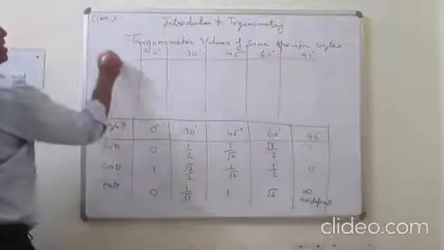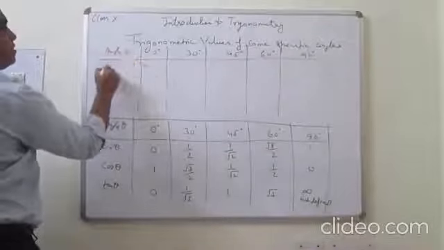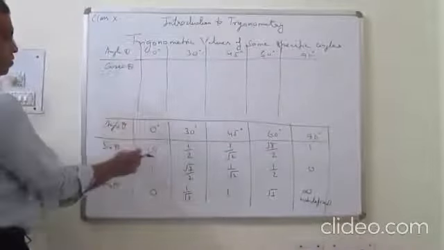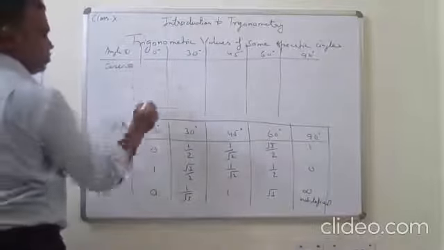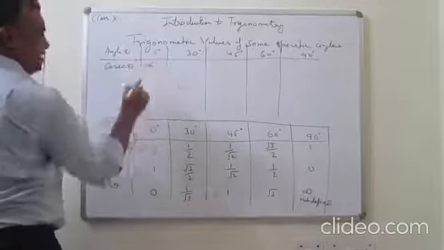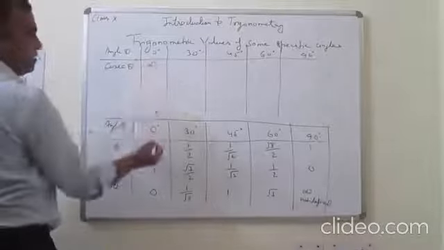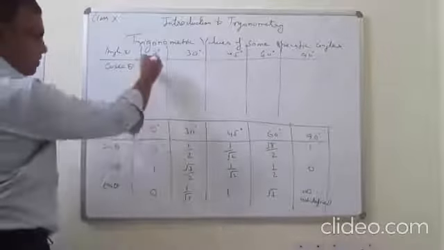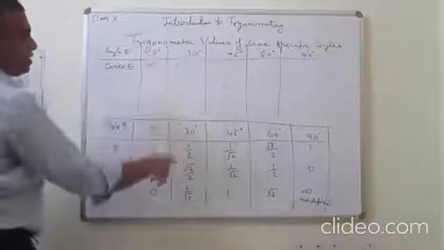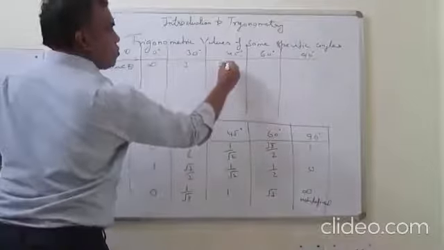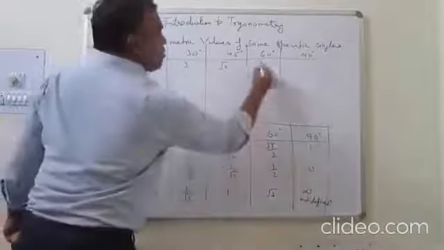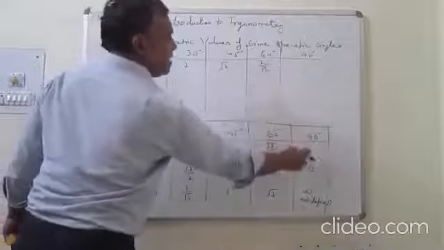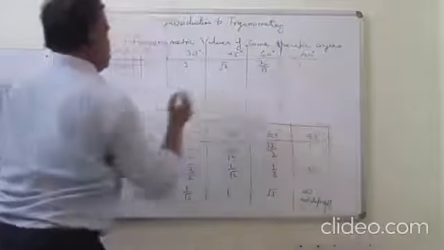Here it is angle theta, cosec theta. Reciprocal of 0 upon 1 is 1 upon 0, so it is not defined. Then cosec 30 is 2, cosec 45 is root 2, cosec 60 is 2 by root 3, and cosec 90, 1 upon 1 is 1.